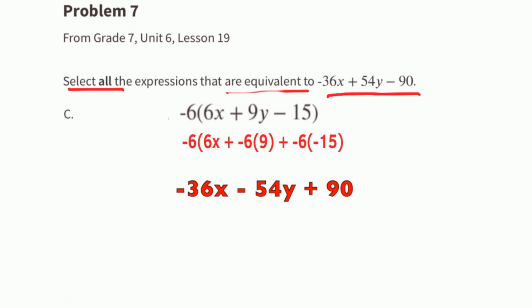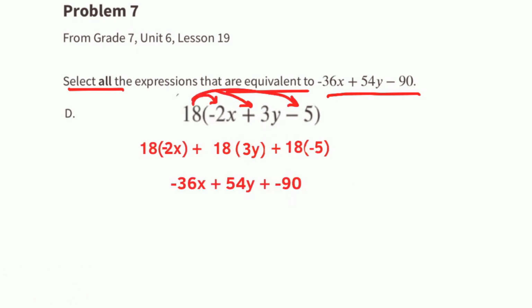So do not select C. D. After multiplying 18 times all 3 terms inside the parentheses, expression D has a value of negative 36x plus 54y minus 90. So you can select D.